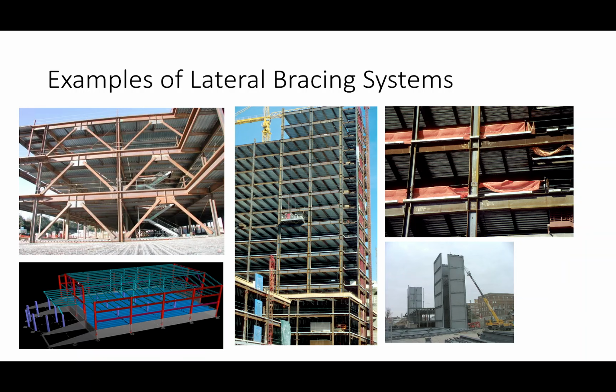The architect doesn't want a big old brace right here in front of the windows, right? So a common location where we will place brace frames is around the stairwells or the elevator shafts, because with elevator shafts you don't really need a window. Like if you go to Smith Hall, who cares if behind the elevator shaft there was a brace? You couldn't see out there anyways. So that's a good place to put one.